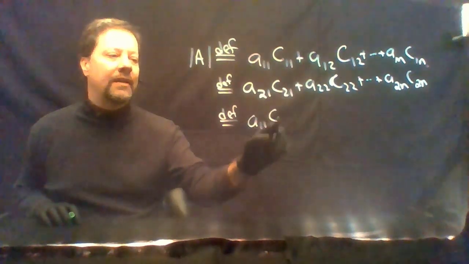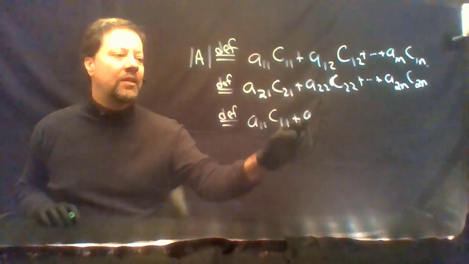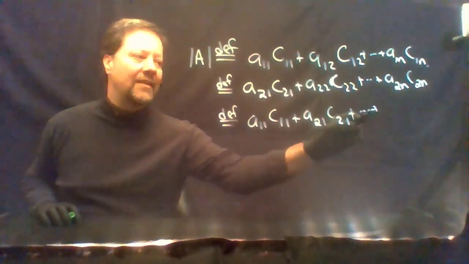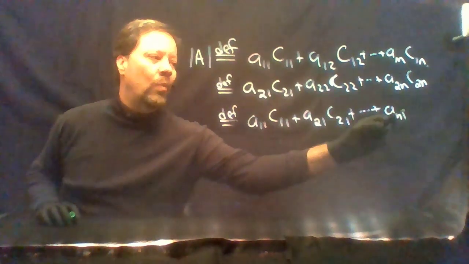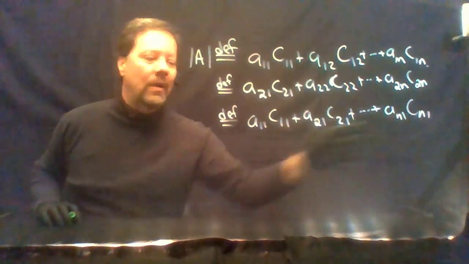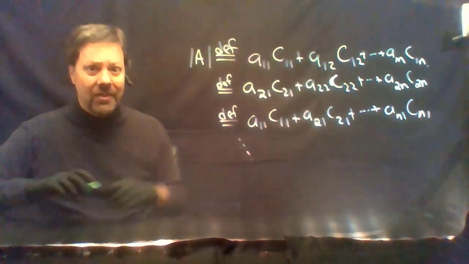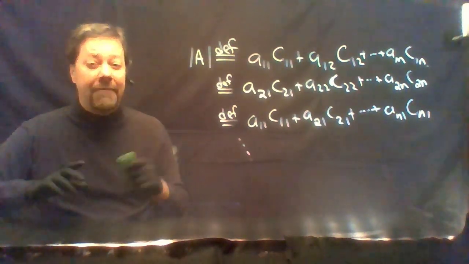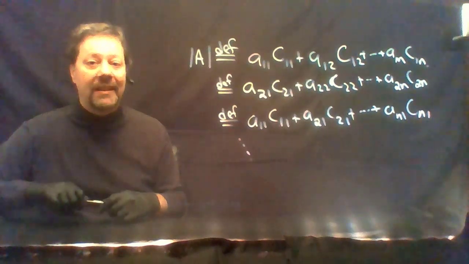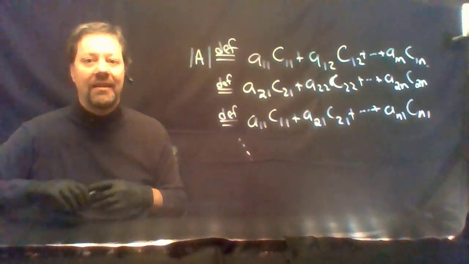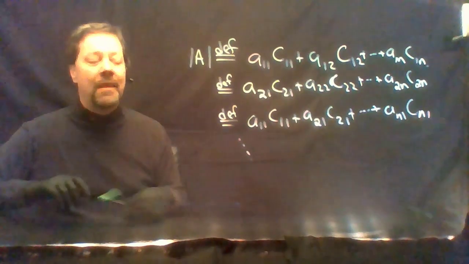That's A11C11 plus A21C21, all the way down to AN1CN1, etc. These cofactor expansions are definitely the way that we want to calculate the determinant for the purposes of the cross product that we're getting set to define.